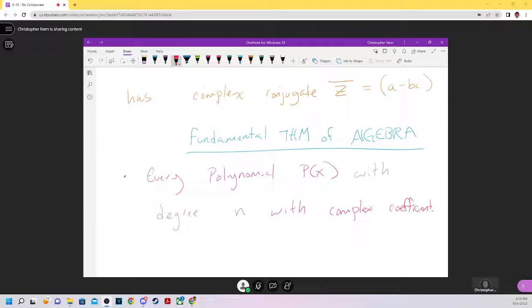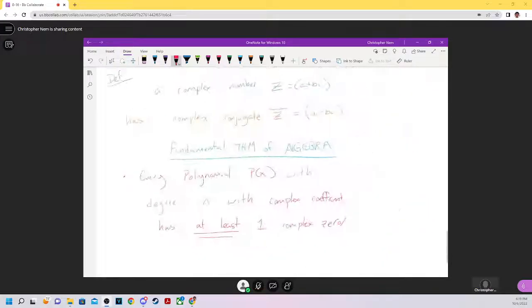So remember that. If I have real numbers, I can have a real root that I'm going to talk about. It has at least one complex zero or root, which, as we've talked about, is similar to x-intercepts in a way. If there was a complex x-intercept, if we could show what complex x-intercepts are, it would be there. Unfortunately, we can't. So it's going to be a complex zero or root.